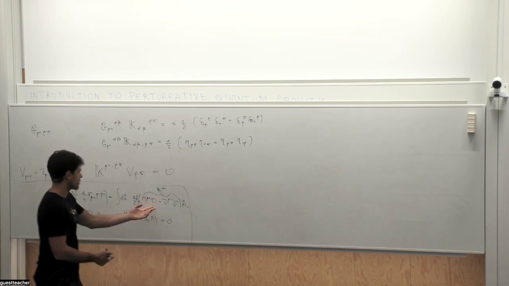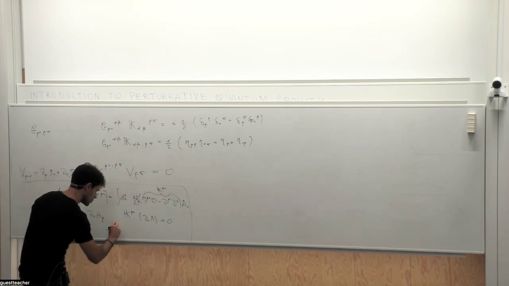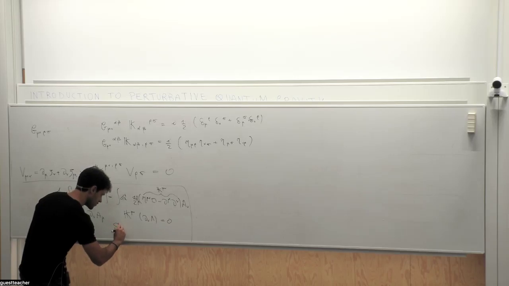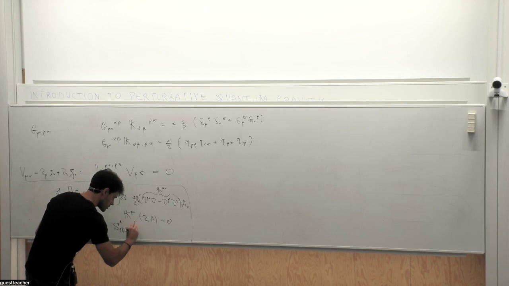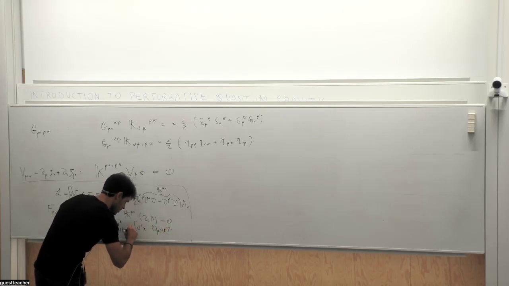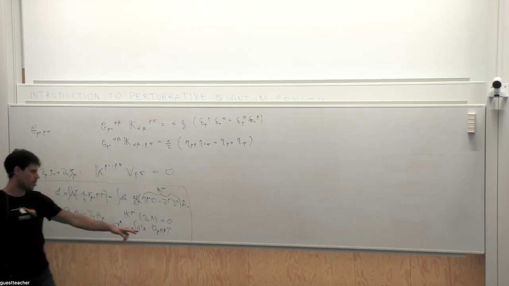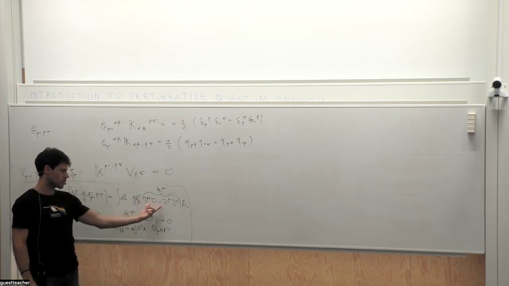For instance, in the case of QED, what would you do? You would add S gauge fixing for the photon, which is something like this, for instance, right? The standard Lorentz gauge fixing with some coefficient here, whatever. Okay, and if you add this term here, of course, you will get a propagator.